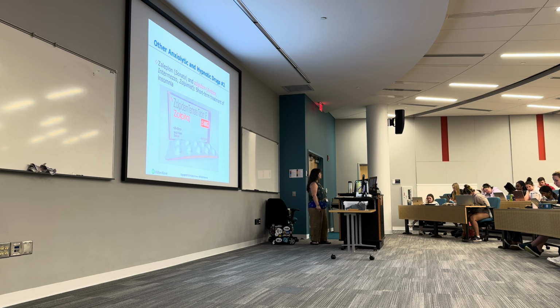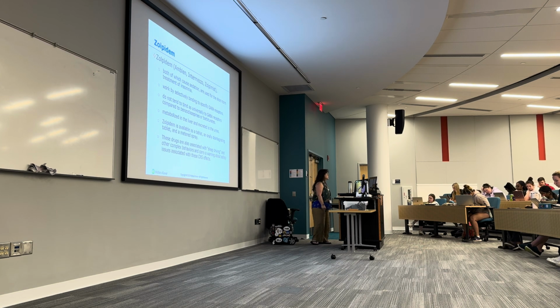These are more hypnotics. Zolpidem is going to cause sedation and is a treatment for insomnia. It selectively binds to specific GABA receptors, and does not bind universally to GABA receptors compared to the benzos or barbiturates. It's a little bit more selective. Again, it's metabolized in the liver and excreted in the urine.